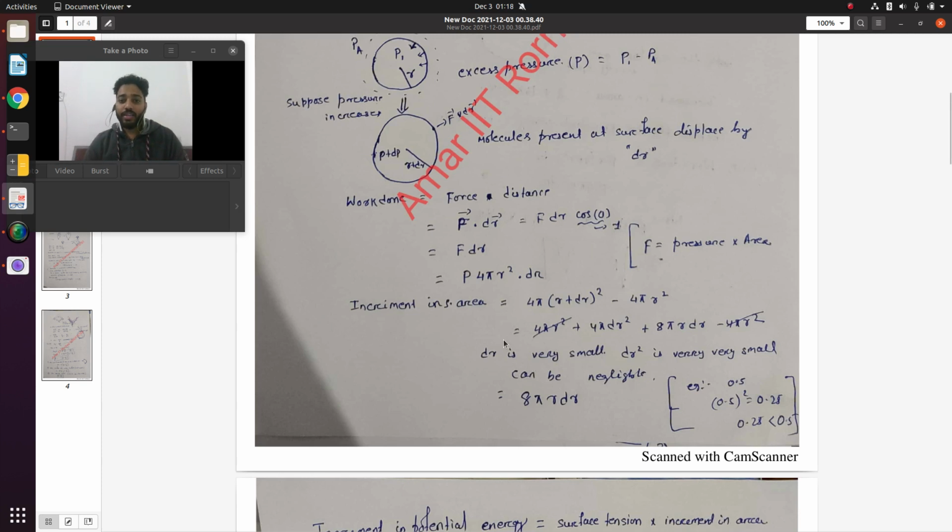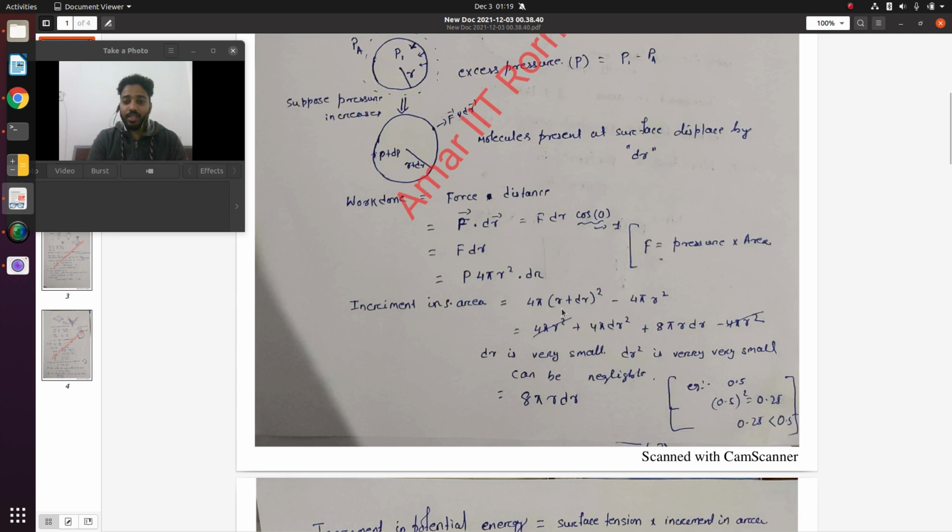The increment in area is 4 pi (r plus dr) whole square minus 4 pi r square, the surface area of the larger sphere minus the surface area of the smaller sphere. The smaller sphere radius is r, and the larger sphere radius is r plus dr.